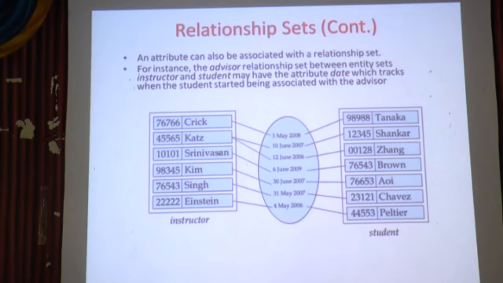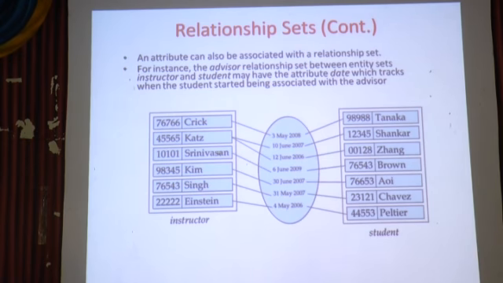An attribute can also be associated with the relationship set. For example, between the instructor entity and student entity, one common attribute is involved with the relationship set.